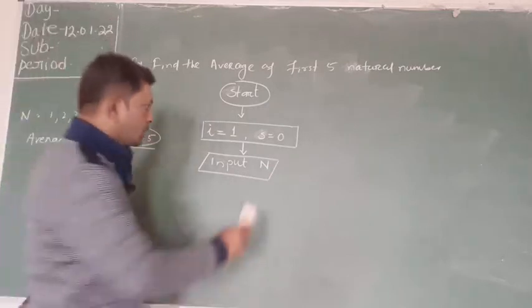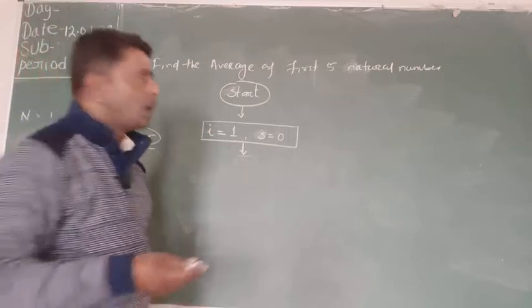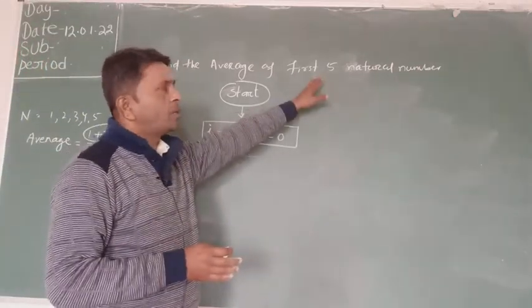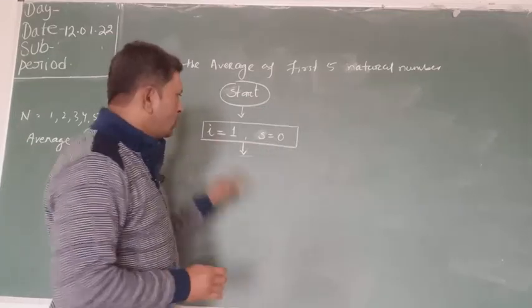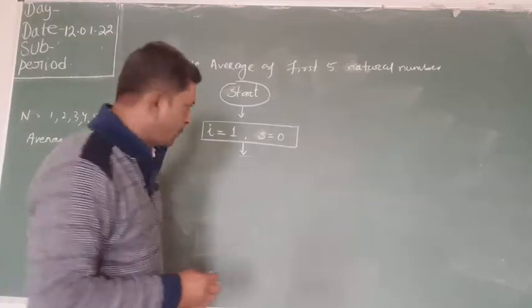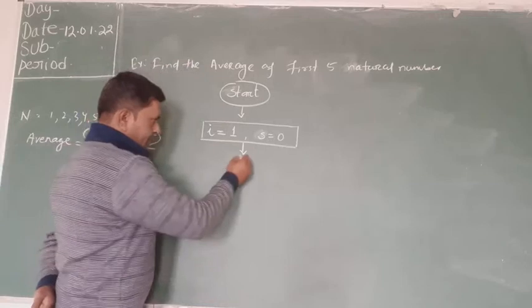Sorry, here we do not have to input the number, because we already know how many numbers we have to find the average of. As we already know the count, we do not have to input. Now we only have to check the counter.